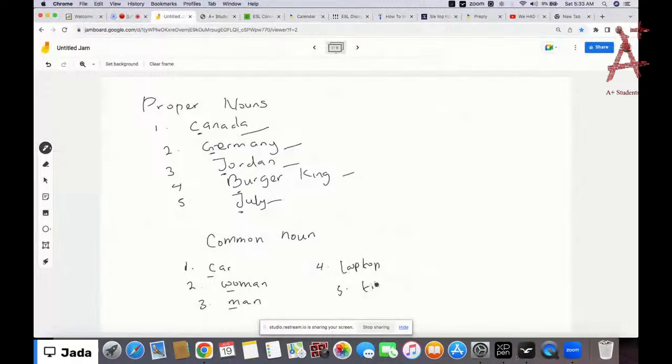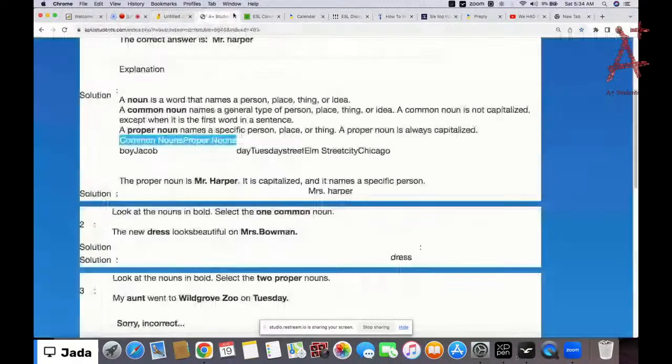Okay, so these are examples of the common noun. The common noun is a general type of person, place, or thing, and it is not capitalized. Then a proper noun is specific, and it is capitalized.